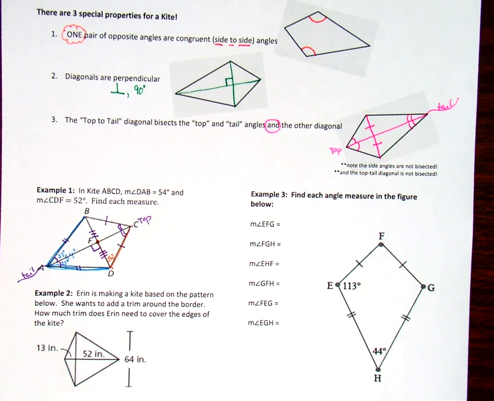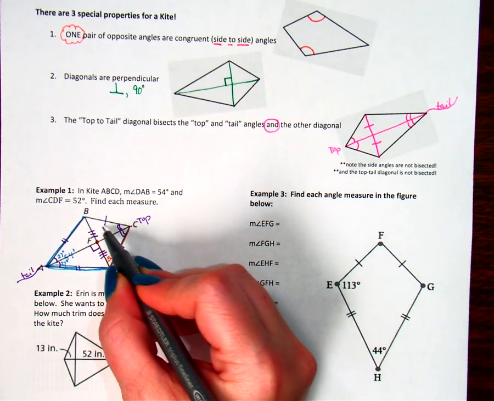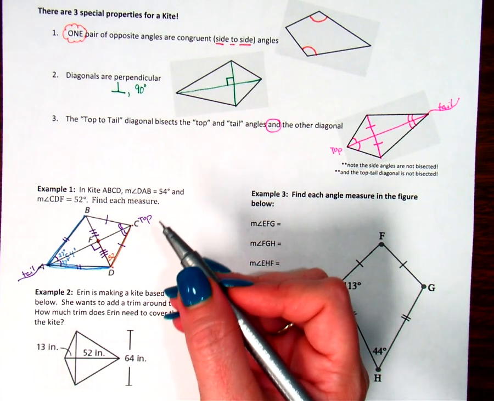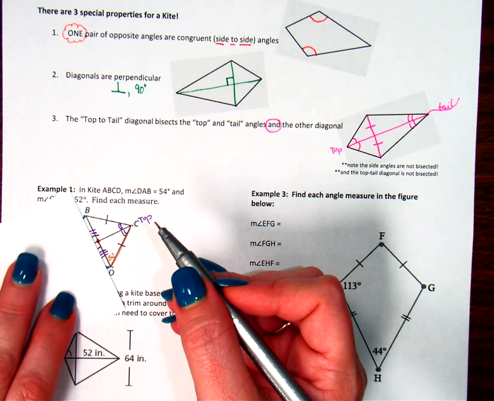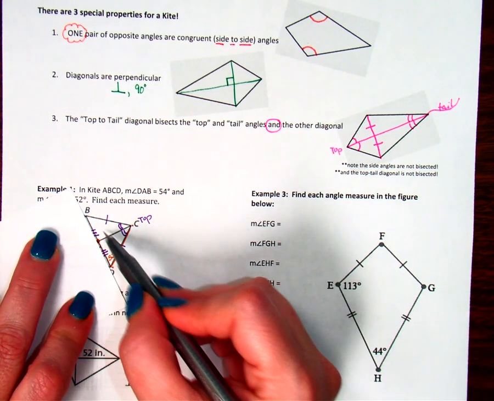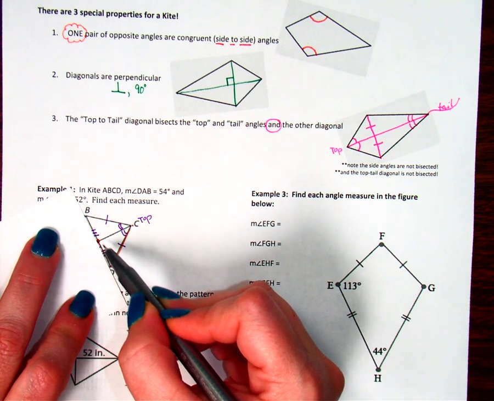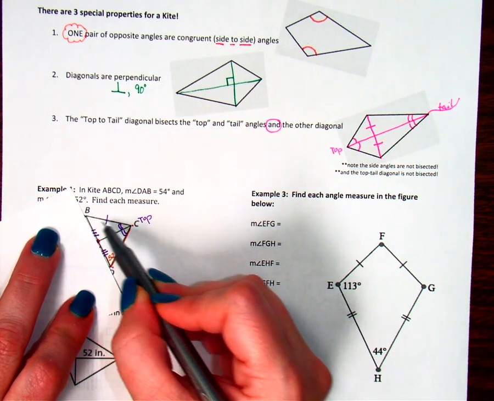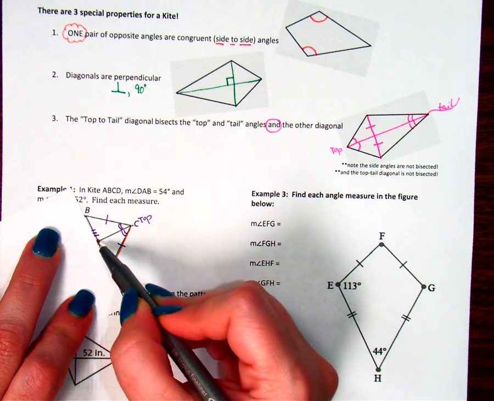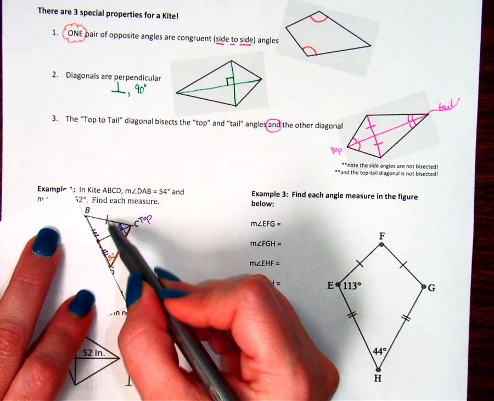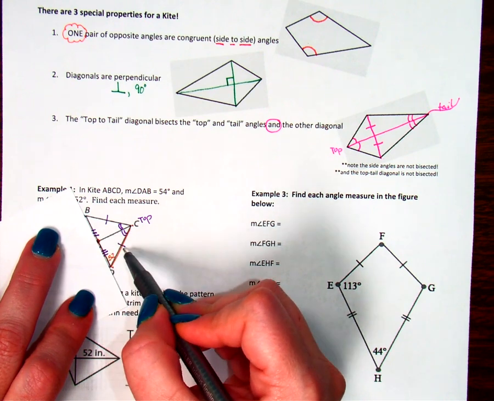When I look at these two triangles, if I cover up part of this, I can see that all 3 sides are the same. I've got 3 tick marks, 3 tick marks, a single tick mark, a single tick mark, and then I have this reflexively shared side. So by side-side-side, these triangles are exactly the same.